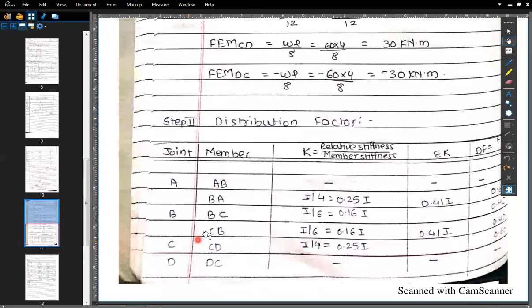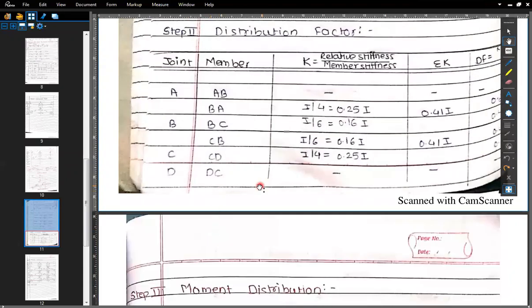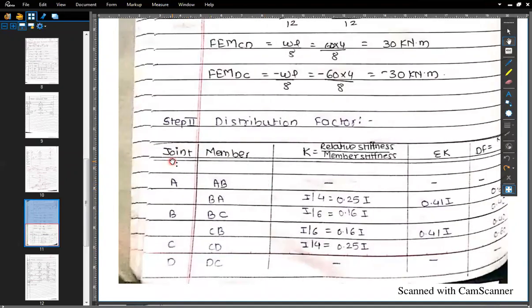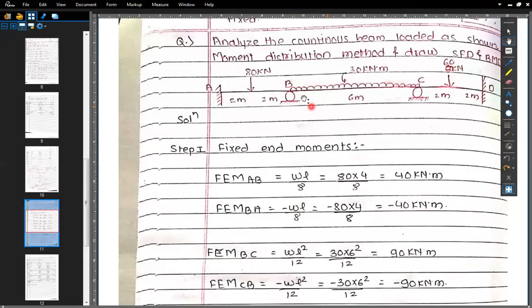Okay, then the second step is finding the distribution factor. So we'll prepare one small table, in which first are the joints. We'll write here the joints A, B, C, D, then the members meeting at that particular joint. Now let's see here.